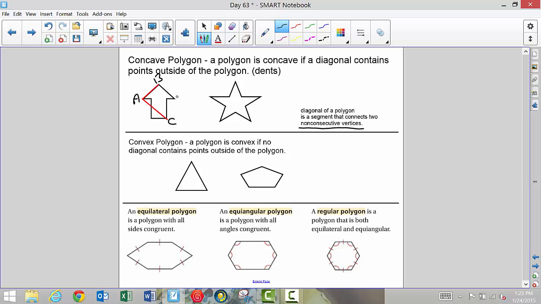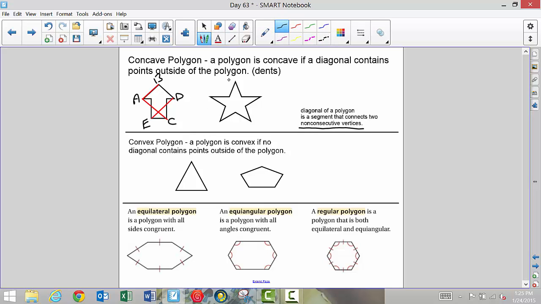Again, if I take D and connect it to E, that diagonal, it's a diagonal because I connected two non-consecutive vertices, goes outside of the shape, therefore it is concave. So if you have one diagonal going outside of your polygon, it is a concave polygon.